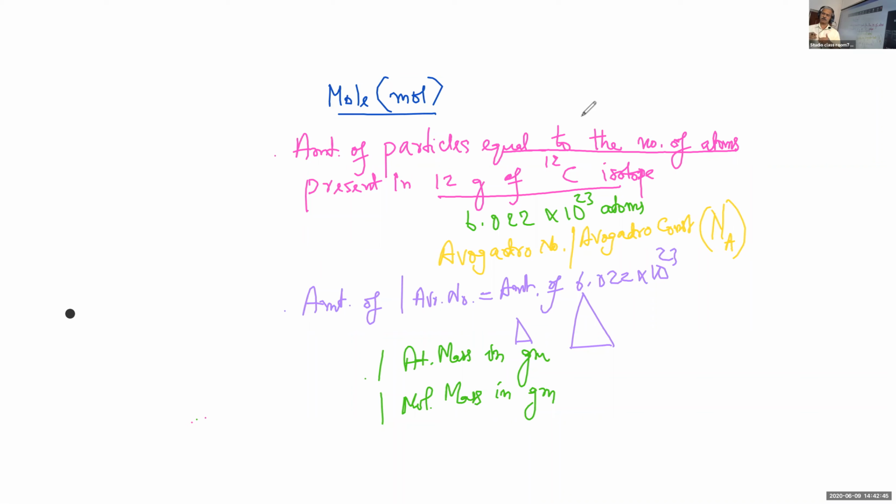In terms of mass, 1 mole is equal to 1 atomic mass in gram. 6.022 into 10 raised to 23 atoms is 1 mole of atoms, with 1 atomic mass expressed in gram. And 1 mole of molecules is 6.022 into 10 raised to 23 molecules, and the mass will be equal to 1 molecular mass expressed in gram.